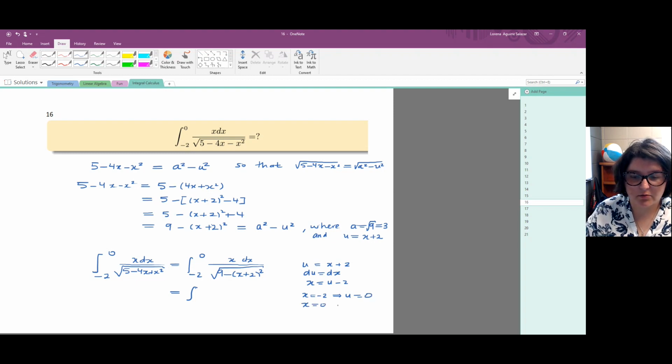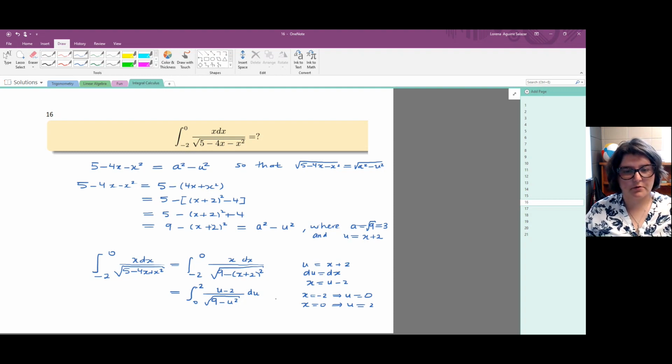When x is 0, then u is equal to 2. We go from 0 to 2 of x, and x is u minus 2, divided by the square root of 9 minus u squared, and then dx is du, so we have du.